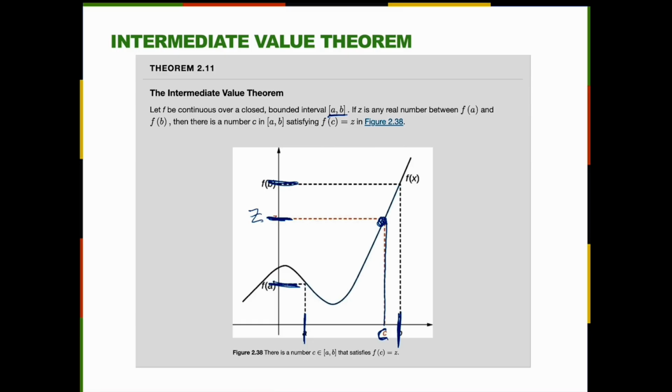Because if I'm driving along this mountain from point a to point b, I'm hitting every elevation on the way up because it's continuous. There are no holes or jumps or asymptotes. There's nothing breaking it up. So I have to hit every single value on the way up. That's what this is saying: if I pick a value of y between f(b) and f(a), there has to exist a value for x between a and b for that value of y.